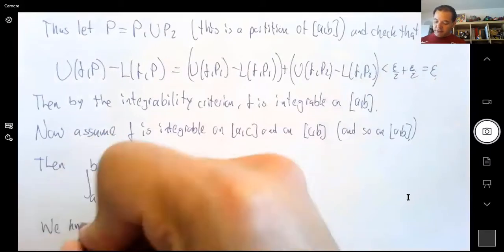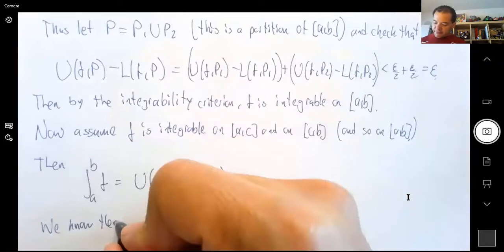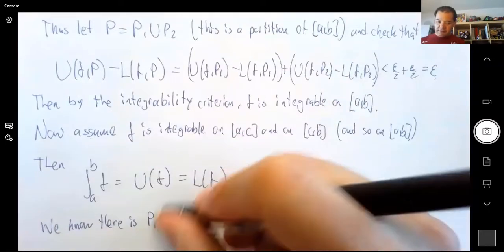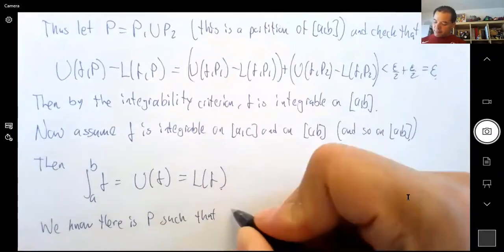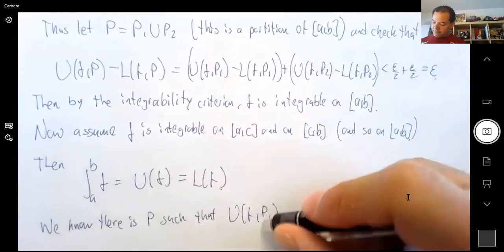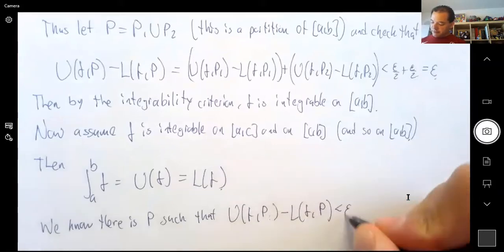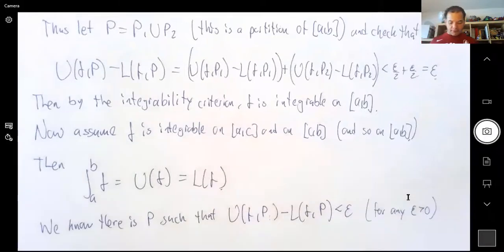We know there is P sub epsilon, or let me call it P, such that the upper sum minus the lower sum is less than epsilon, or any epsilon, right? We can find the P that makes this happen.